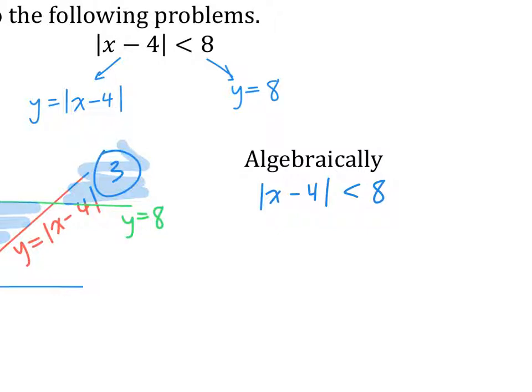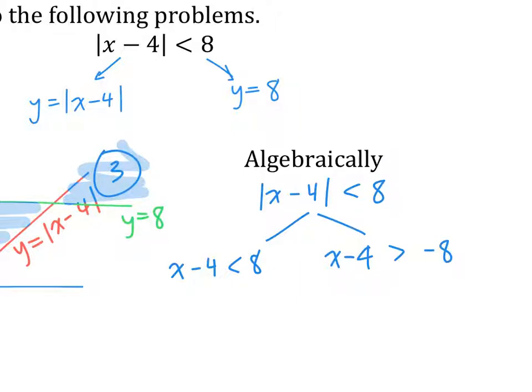You still remember from last year in Algebra 2, when you solve an absolute value inequality, you split it again into positive and negative. The positive is going to be exactly the same question, but without the absolute value signs. And the other one, you're going to change that to a negative 8, but also switch the inequality sign.